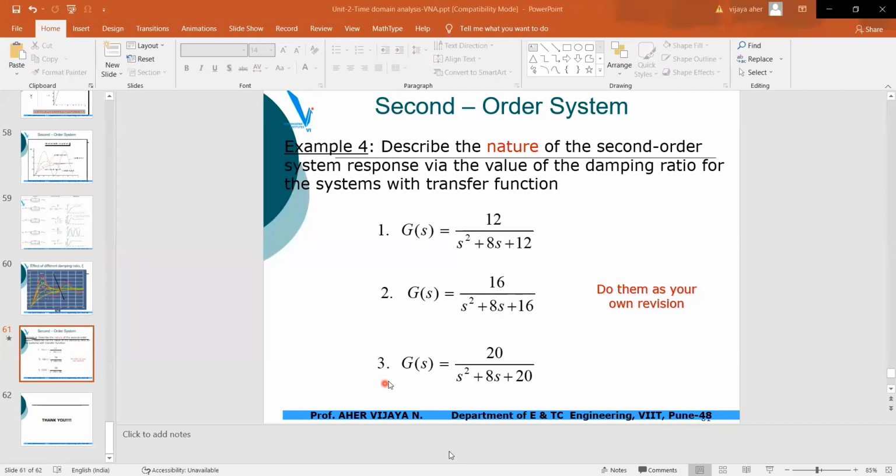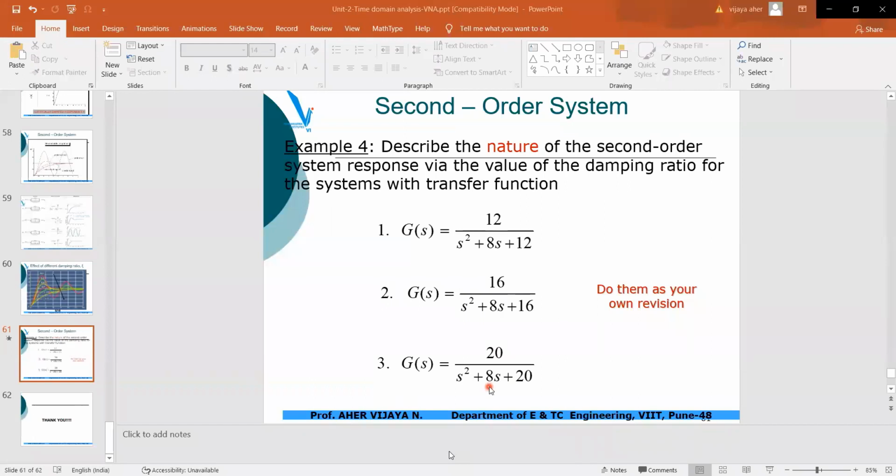Third equation. Transfer function equation for second order system is given, that is g of s is equal to 20 divided by s square plus 8s plus 20. So omega n is equal to under root of 20 and 2 zeta omega n is equal to 8. So find out omega n and zeta and then proceed further. And you have to have the equation for C of t.